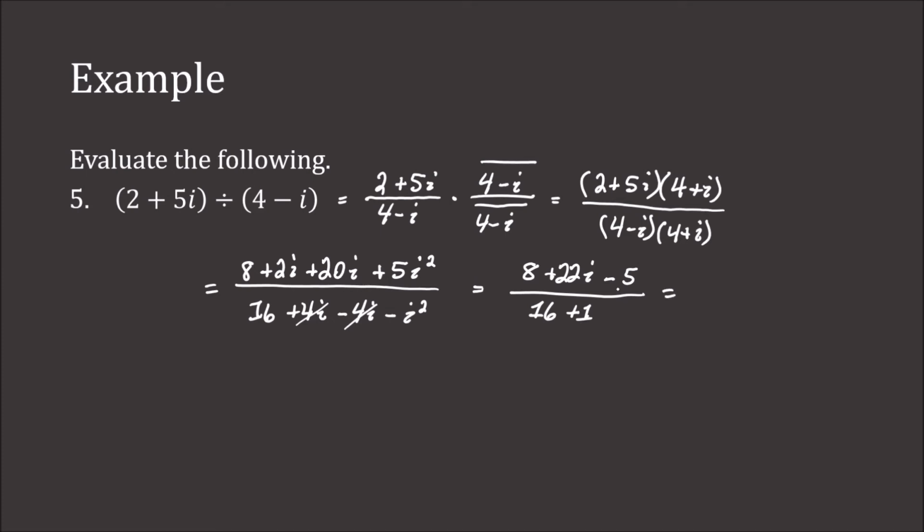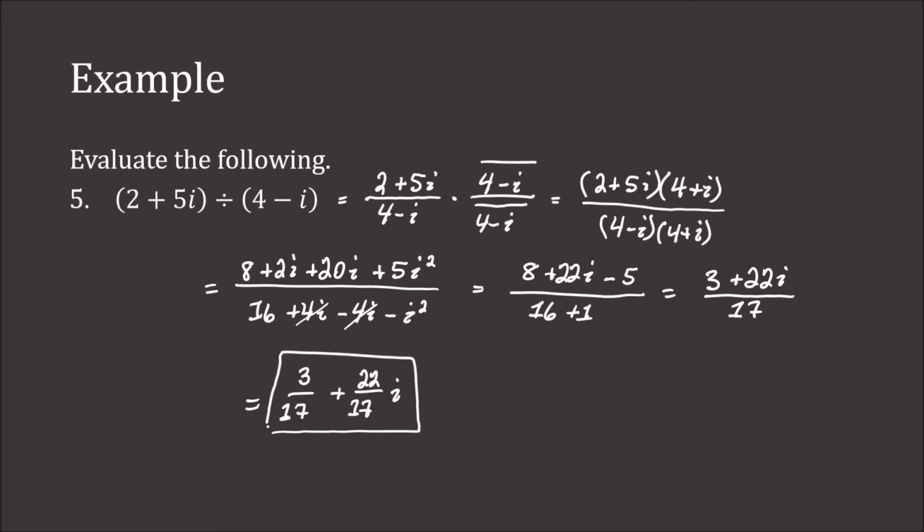So we have 8 minus 5 is 3 plus 22i, all over 16 plus 1 is 17. Right? So this will equal 3 over 17 plus 22 over 17 i. Okay.